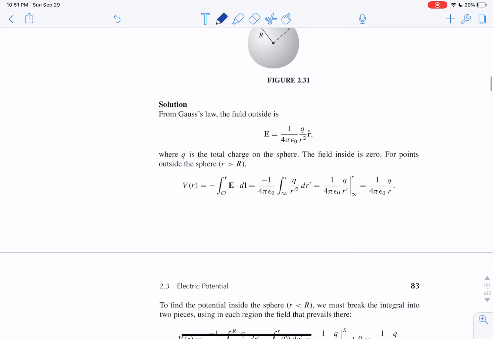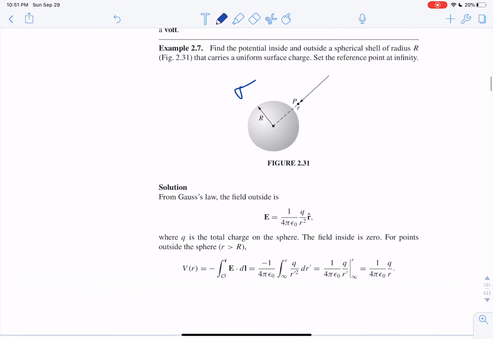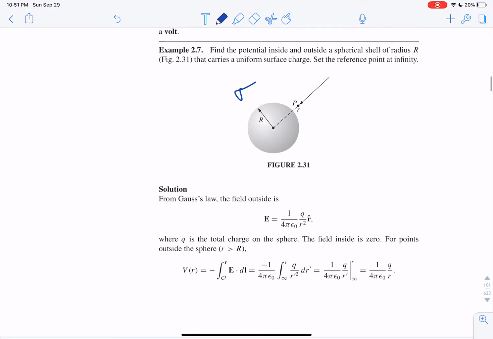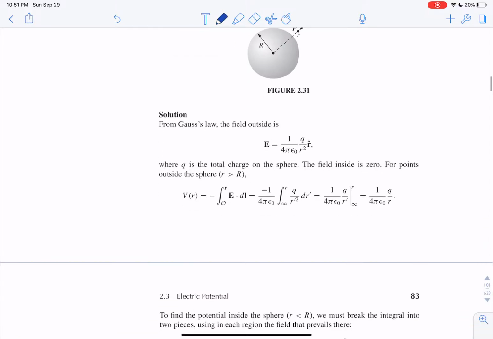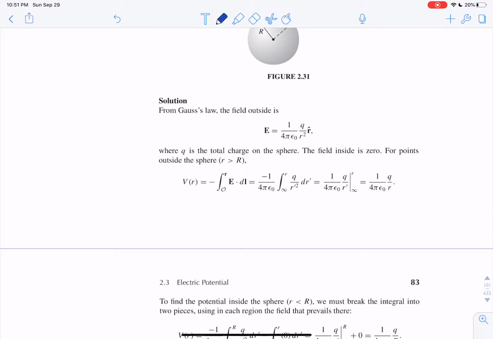Okay, so then if we want to figure out what our voltage is outside the sphere at some point where r is bigger than big R, then we do the integral from infinity to r, to the point outside the sphere. That's negative 1 over 4 pi epsilon naught times the integral from infinity to r of Q over r prime squared dr prime.